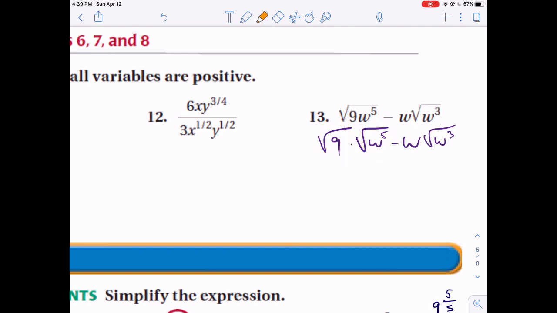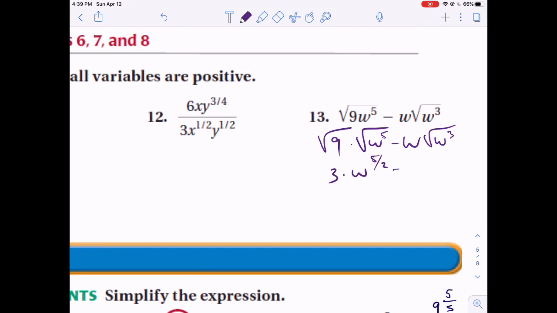Clean up the mess a bit. So we know square root of 9 is just plain old 3. Now I'm going to write the w to the 5th with the square root there as a fractional exponent, w to the 5/2. Now look folks, we went back and forth between radicals and rational exponents a lot before our break. So hopefully that step there was easy for you.